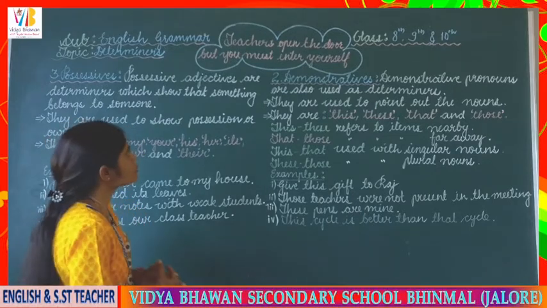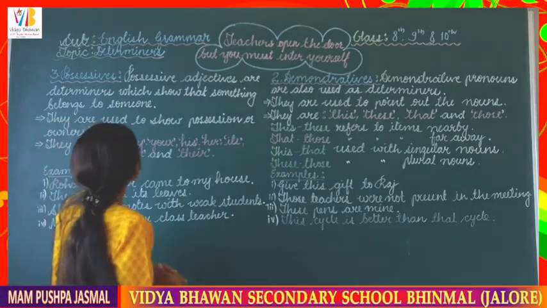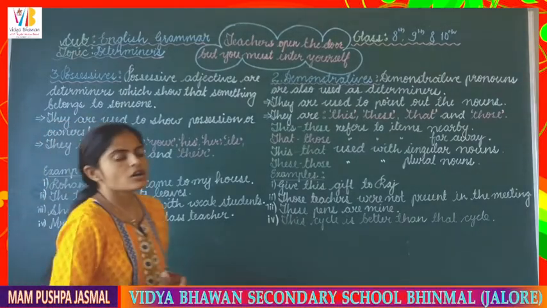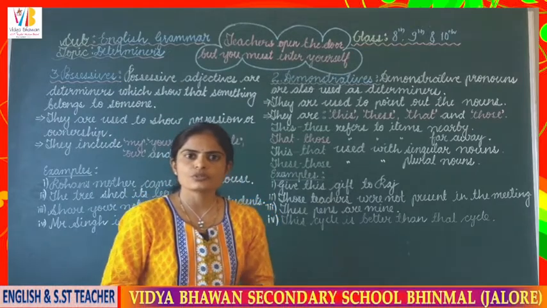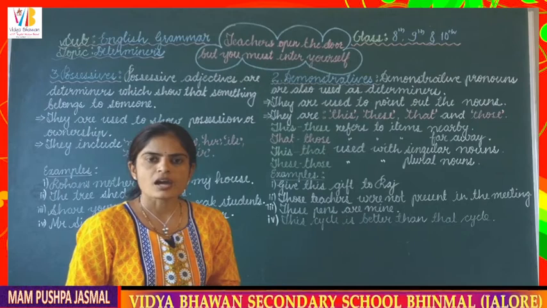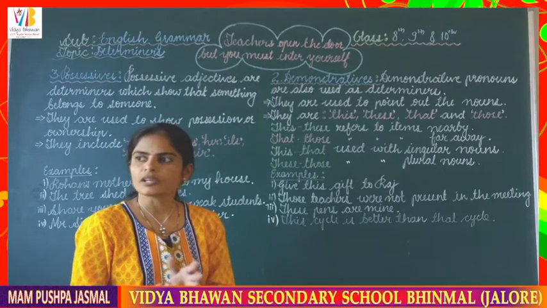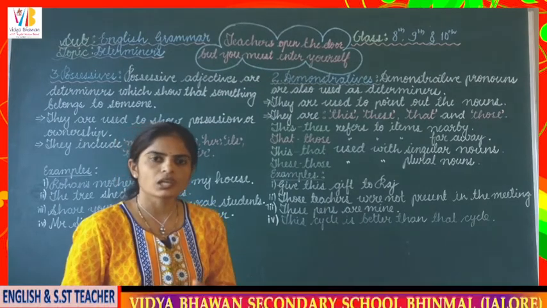So this is the thought of the day, and today's subject is English grammar. The topic is determiners for class 8th, 9th and 10th. In the last two videos, we read about the introduction of determiners and their kinds, and in the second video we started the articles, the use of a, an and the.